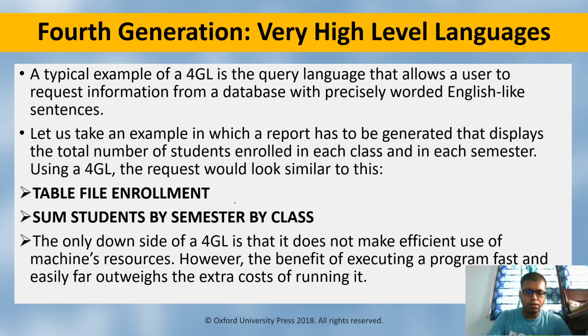Like, if we have a table file of enrollment, the sum of students by semester and class, this can be done in one or two lines. There is some database also required, and we have to do some queries on the database.